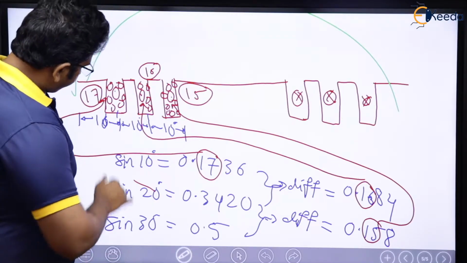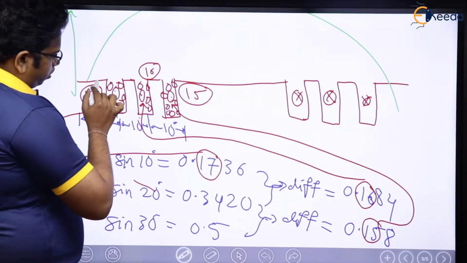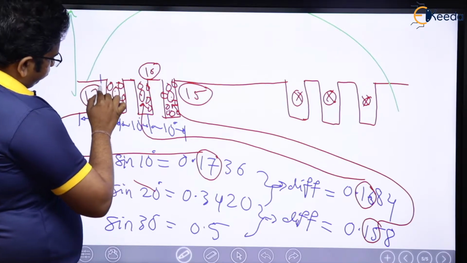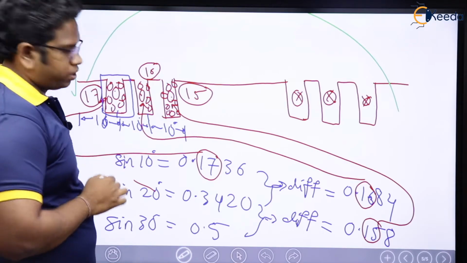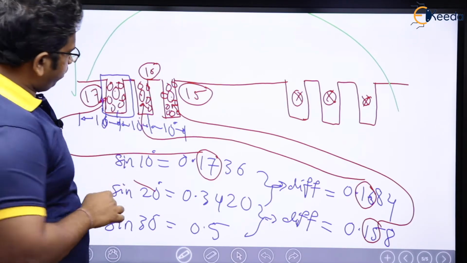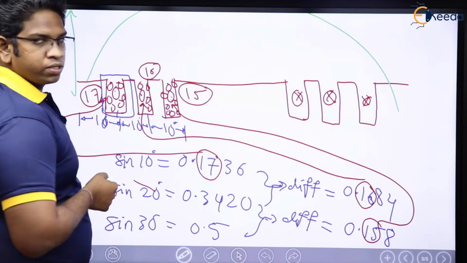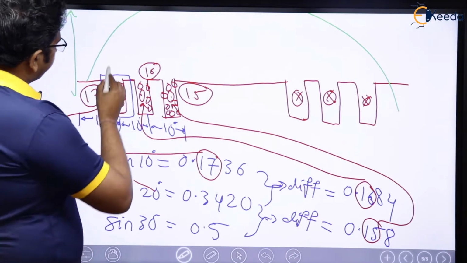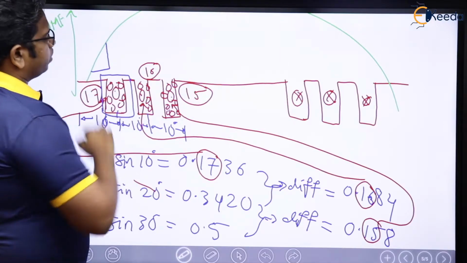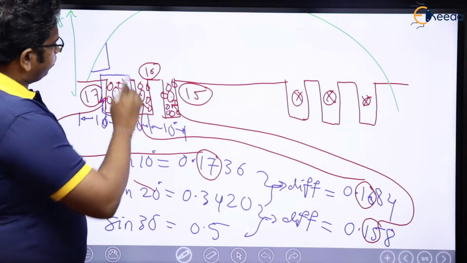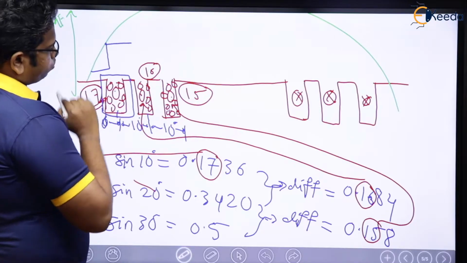See here, let me think of this particular closed path. When I think of this closed path, I will have 17 conductors. So let me have MMF here like this at 17. So this is going to be 17, and up to here also it is going to be 17.